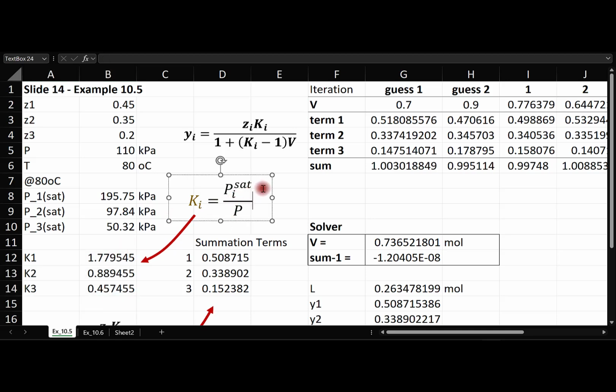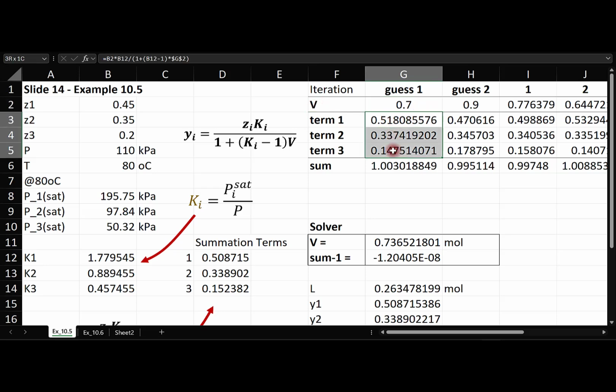Then I take an initial guess for V. What I did here is split this into 3 different terms, since we have 3 components. The sum would be adding this 3 times, 1 for every component, which should equal 1. For the first guess, I guessed 0.7 moles of vapor.